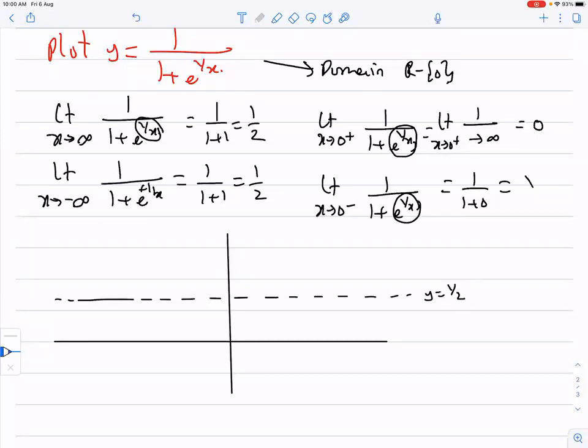And x पॉजिटिव पे क्या हो रहा है? 0 से स्टार्ट होता है, because 0 plus पे 0 है, उधर से it will go till half. On the x negative side, it will start from 1 and उधर से it will go till half. This will be like this. Is it clear, students? Yes, sir.